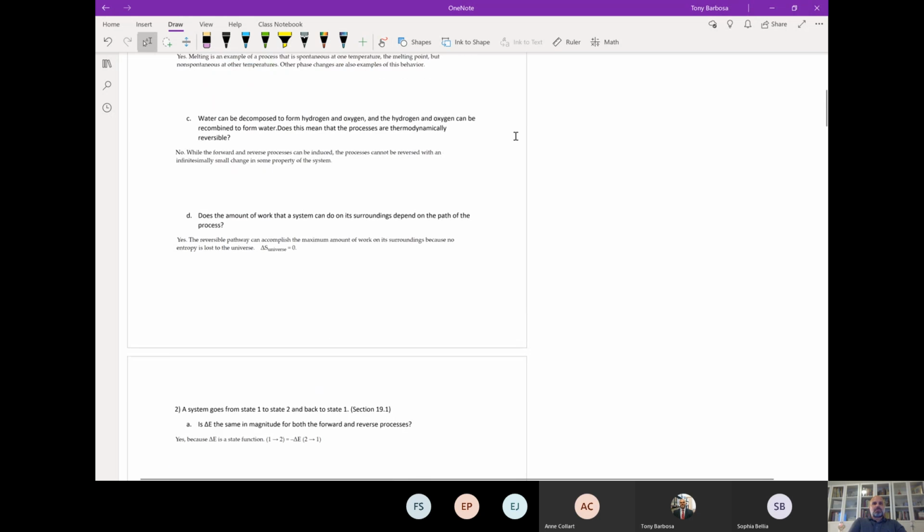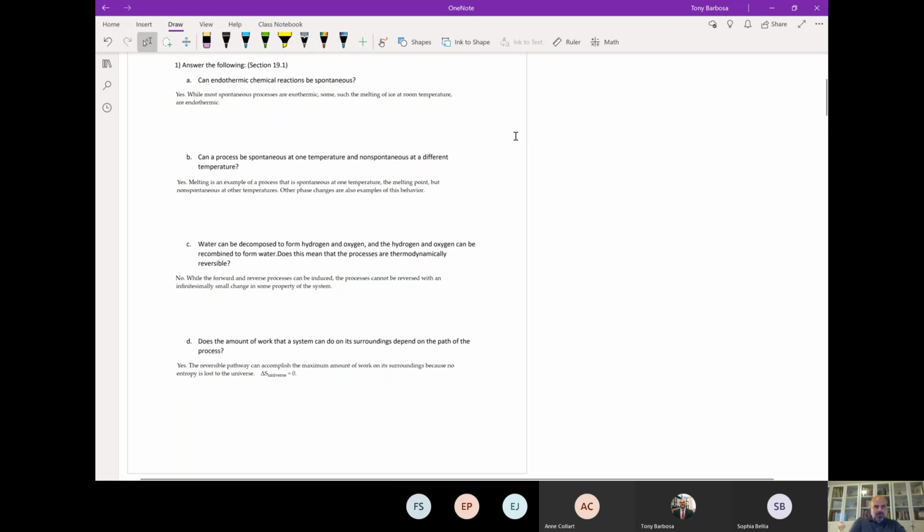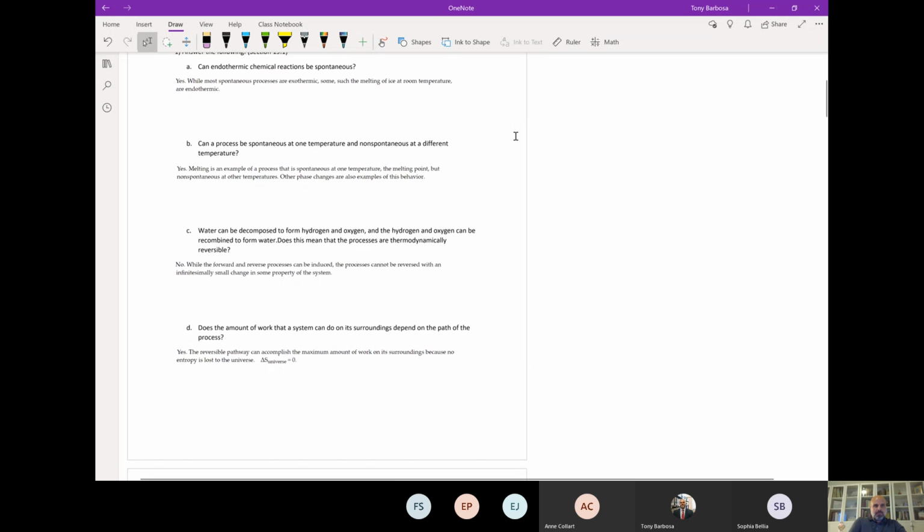If you think about, I don't have the other questions here. Where we talk about path versus state functions, path functions versus state functions. Right?